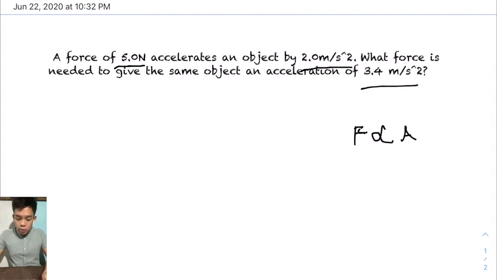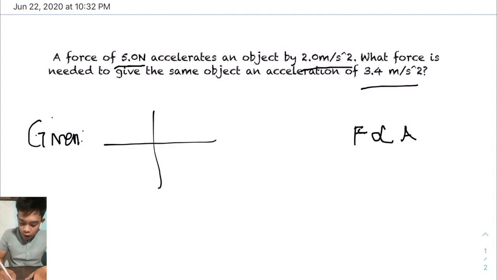Dealing with that, we need to look for our given. The first step is to analyze the given in a problem. I will draw a column and a row. We have the given acceleration in meters per second squared, and the given force of the object.